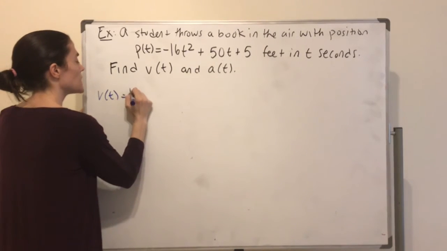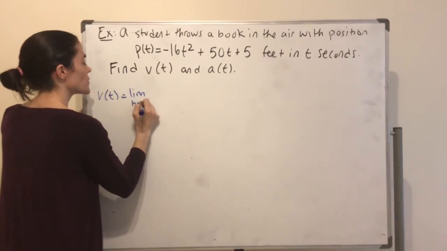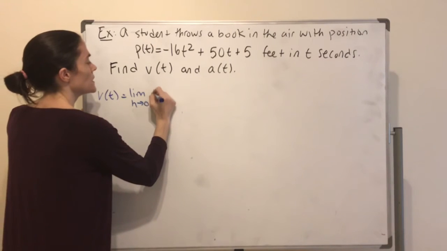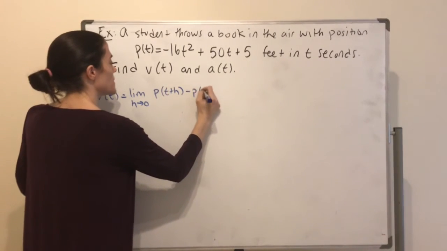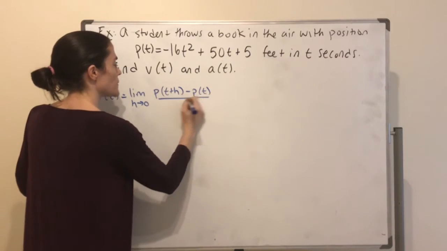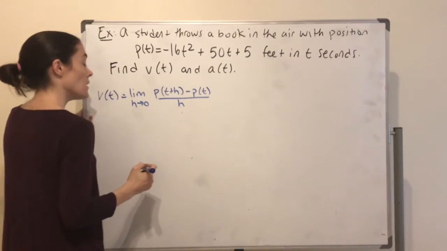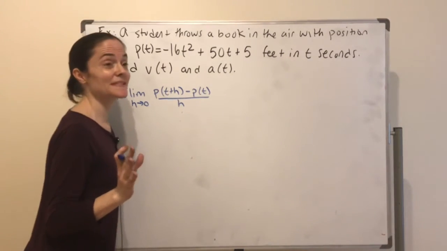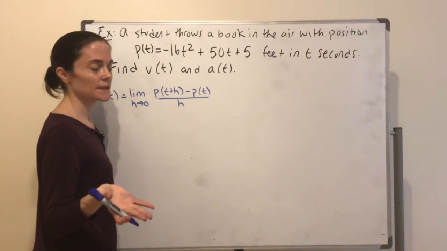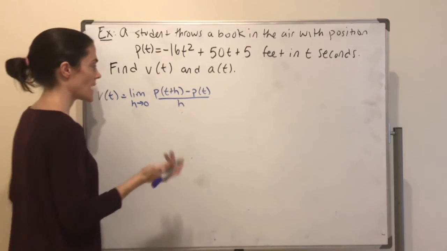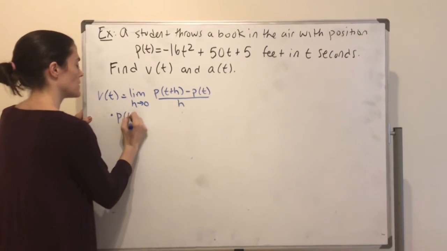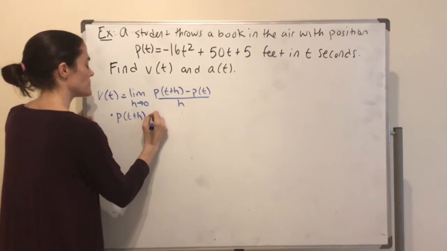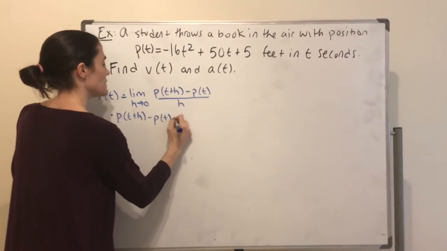This is a limit as h approaches 0 of p of t plus h minus p of t divided by h. Okay, well, I'm going to proceed like I did when we had 1 over x, where first I work with the numerator, p of t plus h minus p of t.